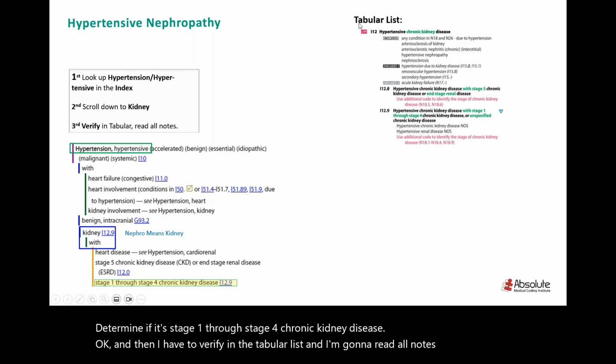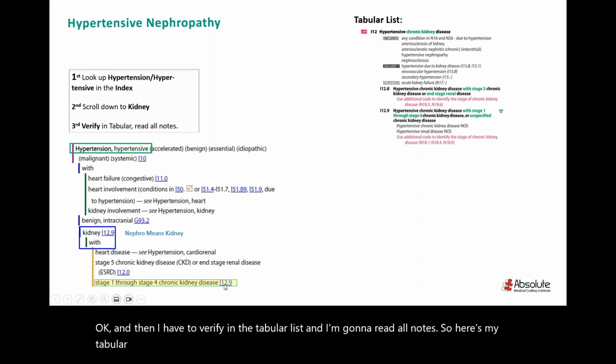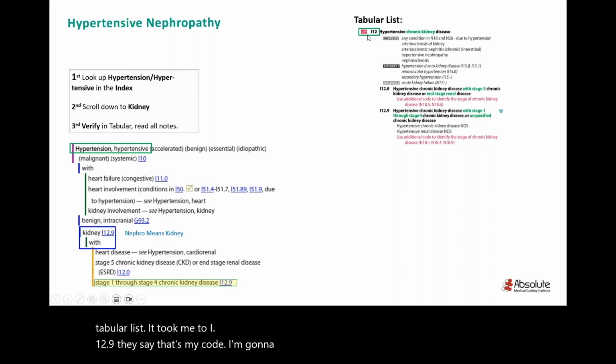So here's my tabular list. It took me to I12.9. They say that's my code. I'm going to stop at the boss. Hypertensive chronic kidney disease. And it includes any condition in N18 and N26 due to hypertension.